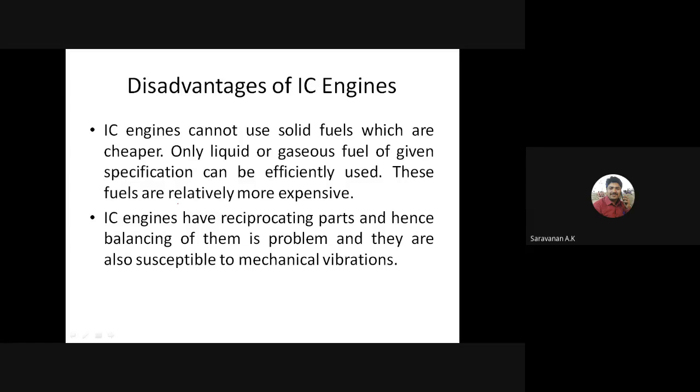We can use only gaseous as well as liquid fuels. Also, in IC engines we have a lot of reciprocating as well as rotary elements, so mechanical vibration occurs. These are the disadvantages of the IC engines.